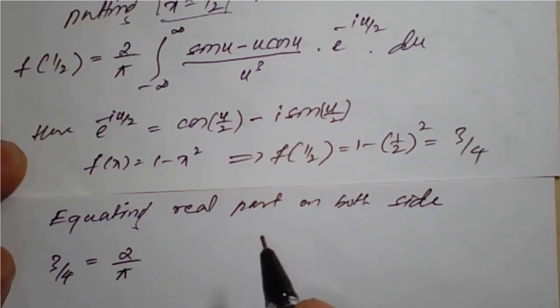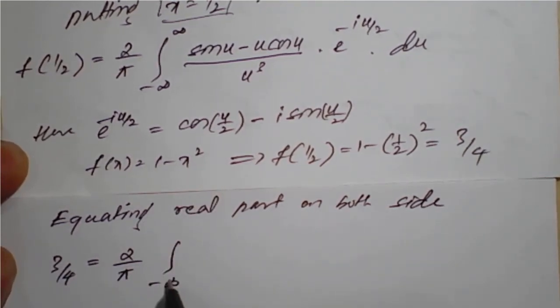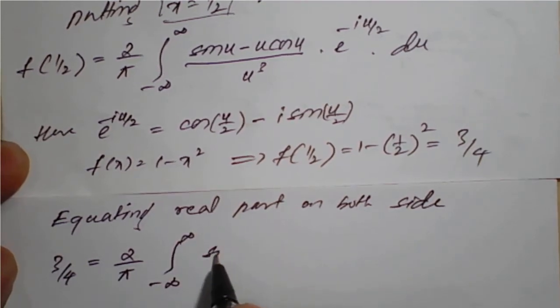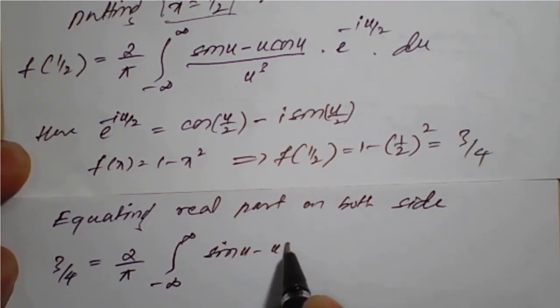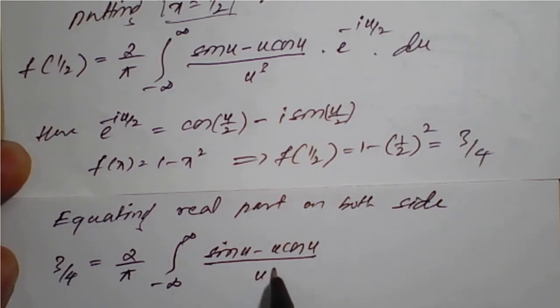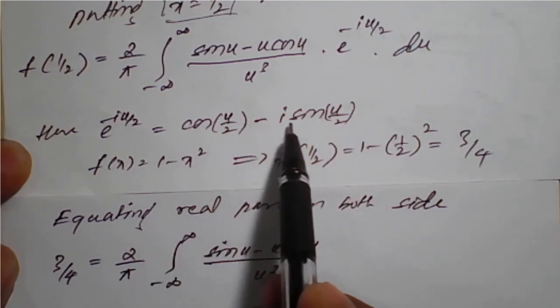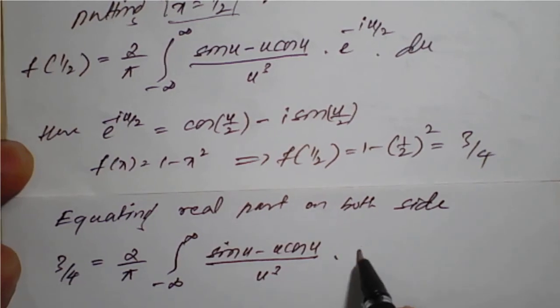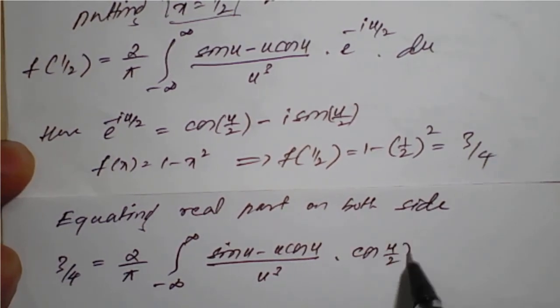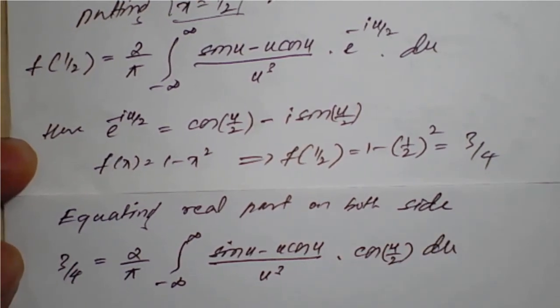2 upon pi integration minus infinity to plus infinity sine u minus u cos u divided by u cube. So in place of e raised to iu by 2 we need to write this term, that is cos u by 2 minus I sine u by 2. If you take only the real part, we'll get cos of u by 2 into du.